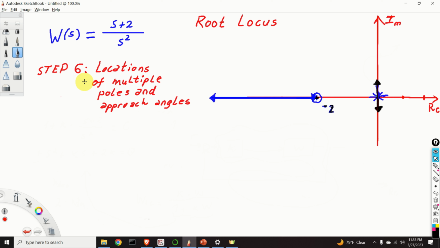And this is very important to keep in mind. The equation that we need to solve is the following one. Basically, we need to solve this equation: d over ds of minus 1 over W of s.